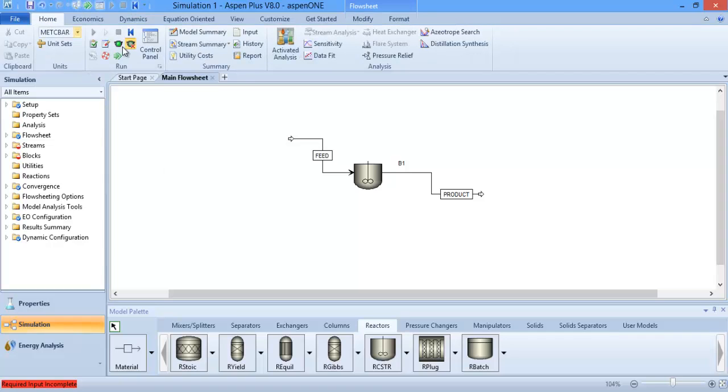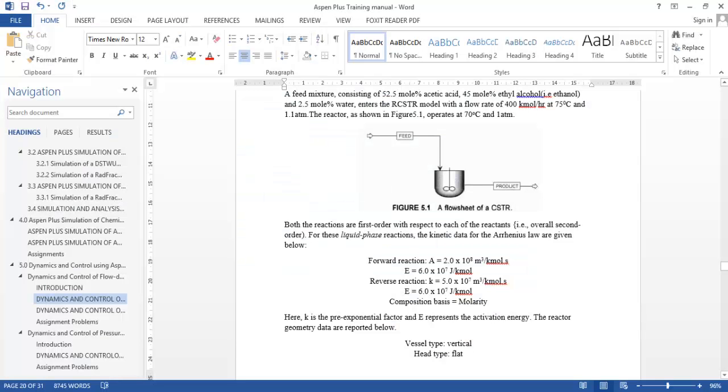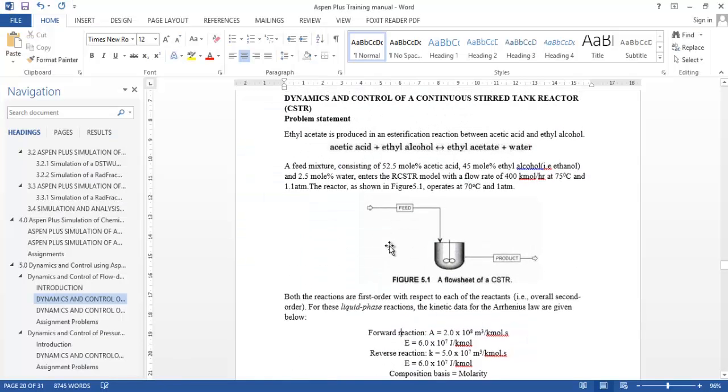I like to use auto run, so that I will know where my problem is each time. If I input any wrong parameters, it will be calculating the results at each interval. I can make use of next so that I know what to do next, of course, to define the feed stream. From the problem statement, this feed stream is made up of acetic acid, ethyl alcohol, and water.